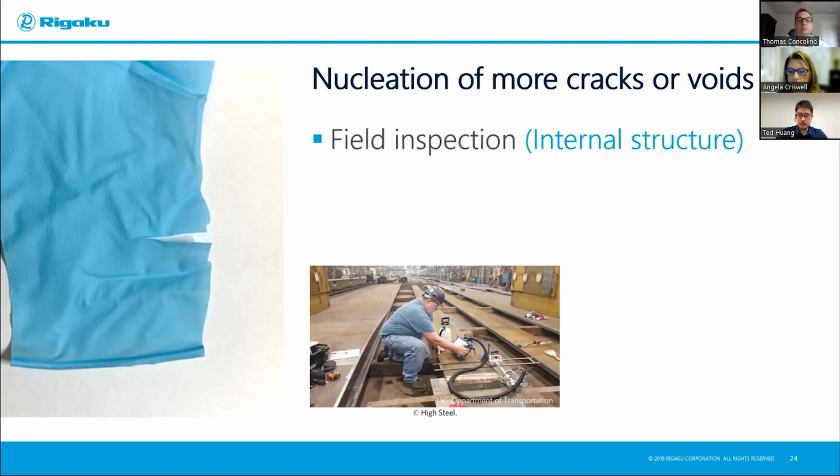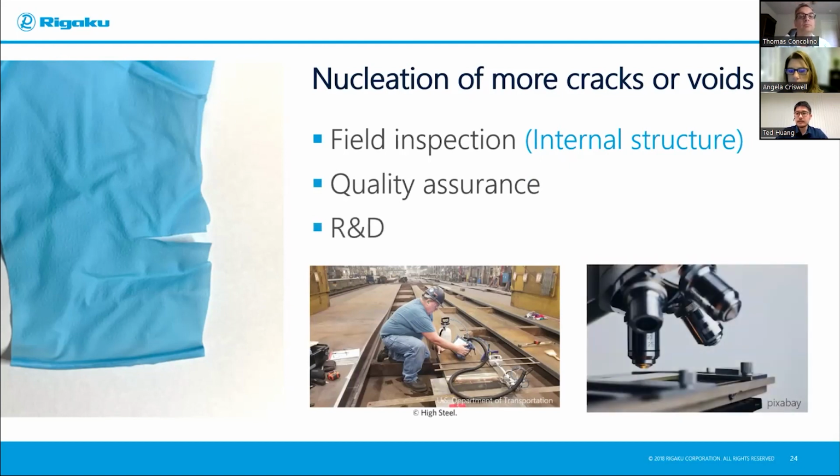Like in this picture, you're seeing someone using an ultrasonic device to look at the cracks and voids inside the railroad. And obviously, it'll be of interest to quality assurance to make sure the production process you subjected your product to didn't cause these voids or pores. And lastly, for R&D, you want to know what process you want to develop and what's a way to make your product better. So you want to look at this stage.